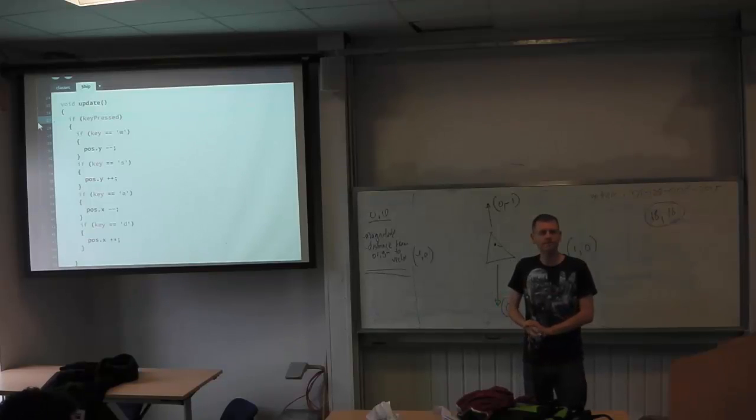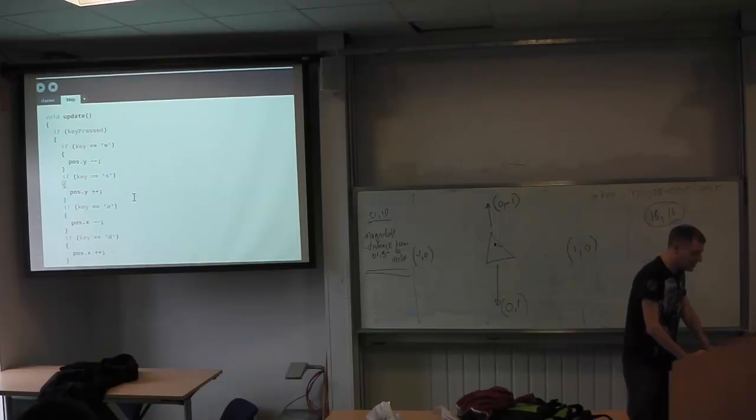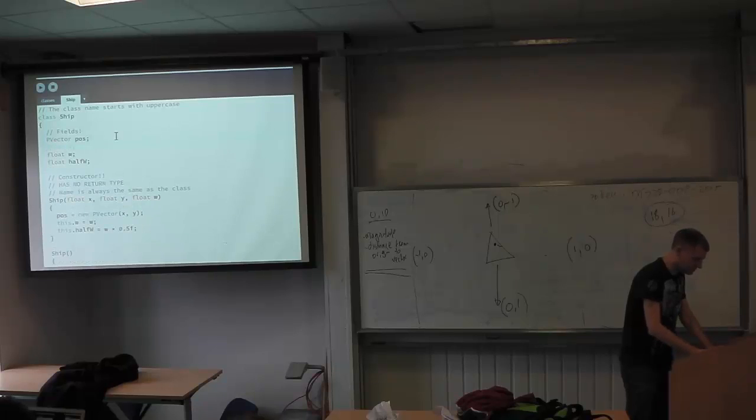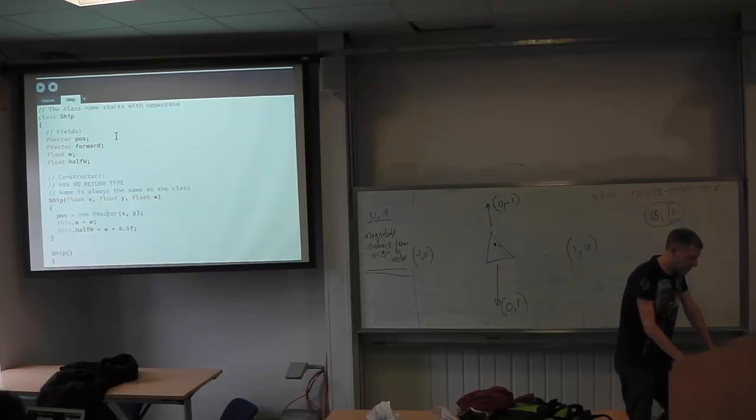Everyone see that? Okay, so let's refactor the code again. Let's add one more field up here called direction. In fact, let's call it forward. So now I have a new PVector called forward. And in my constructor, let's give my forward vector a value.